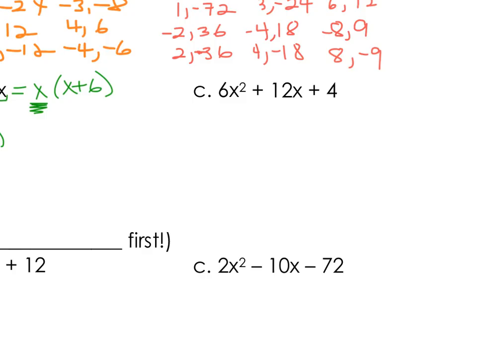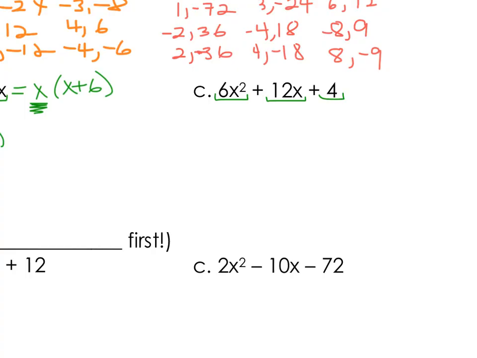The last one is a transformation of a quadratic function in standard form. We have 6x squared plus 12x plus 4. Now a common factor has to be something that we can take out of all 3 terms. To be a common factor, it has to be able to come out of everything that's originally there. I see a 6, I see a 12, and I see a 4.